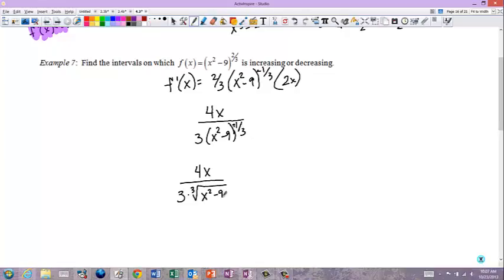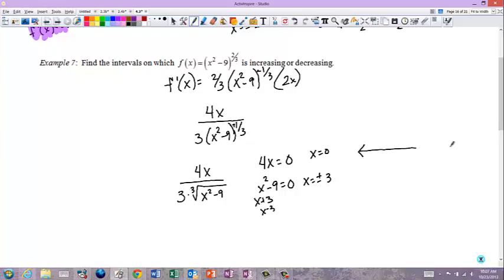Remember, you set the top and the bottom equal to 0. The x squared minus 9 equals 0, because if you set the whole thing equal to 0, then you divide 0 by 3, you get 0, you cube 0, you still get 0. So x is 0 and x is plus or minus 3, because that's x plus 3, x minus 3.